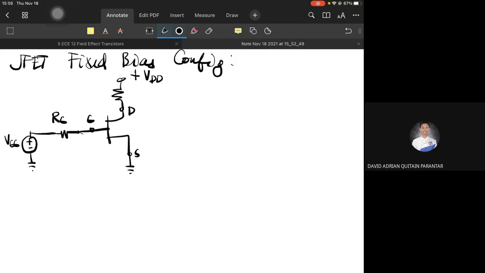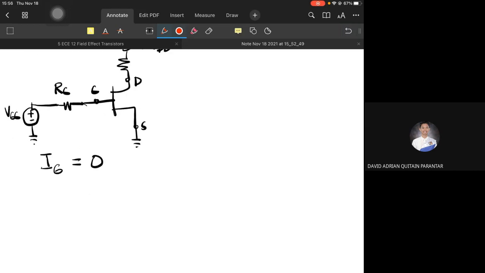So let's remember that IG is equal to 0. The current here is equal to 0, so no current flows toward the gate terminal.